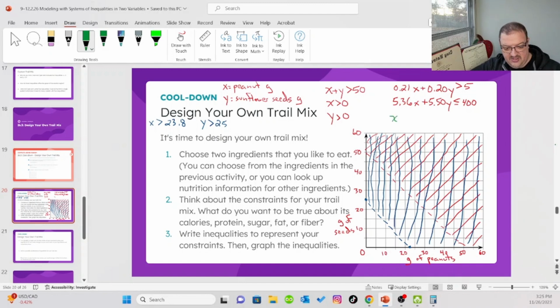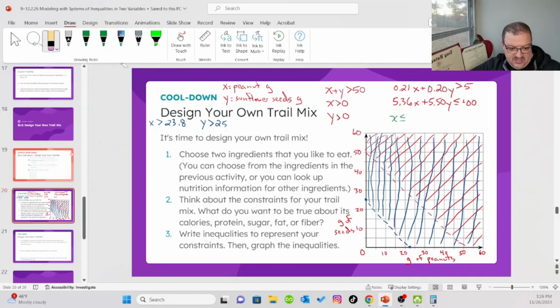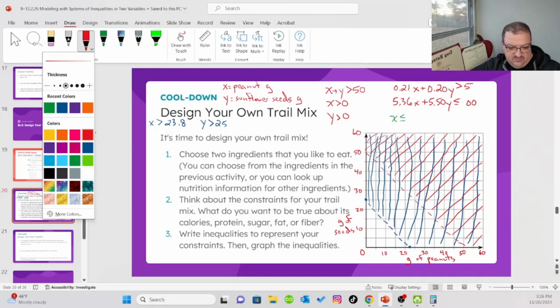So x would have to be less than or equal to 400 divided by 5.36, which is 74.62, which is out of my graph range here. So I'm going to make a quick adjustment. And instead of 400, we're going to say 300.